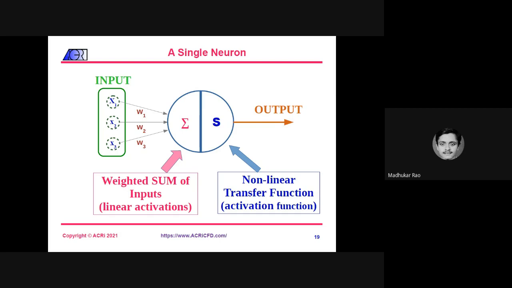Some literature refers to it also as linear activation. The summation is in that red colored sigma symbol there. This linear activation now goes through a nonlinear transfer function, also called the activation function, and that gives you the output of that particular neuron.